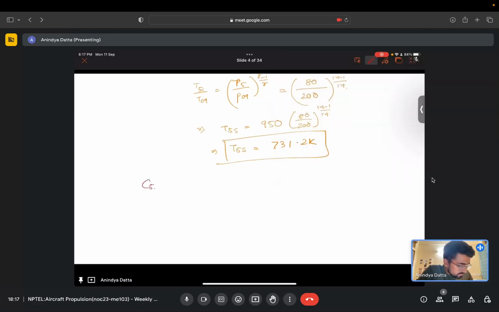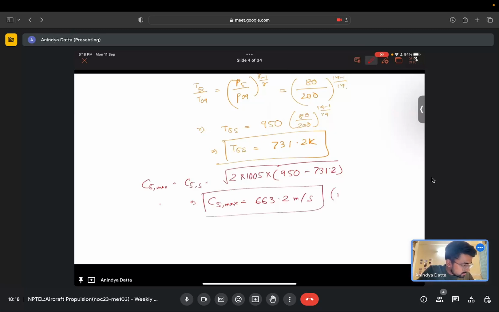Then C5 max, or C5s, is equal to the square root of 2 times Cp, which is 1005, times (T04, which is 950, minus 731.2). Okay, so we'll get this C5 max as 663.2 meters per second.